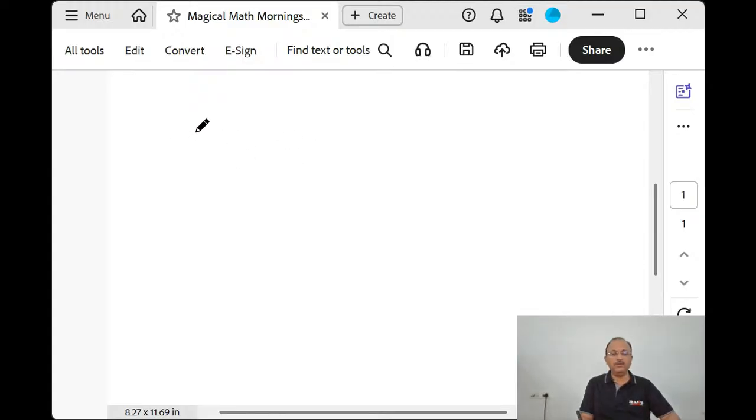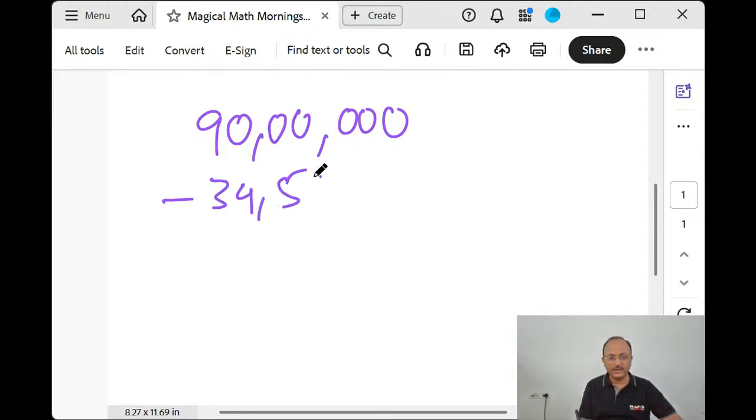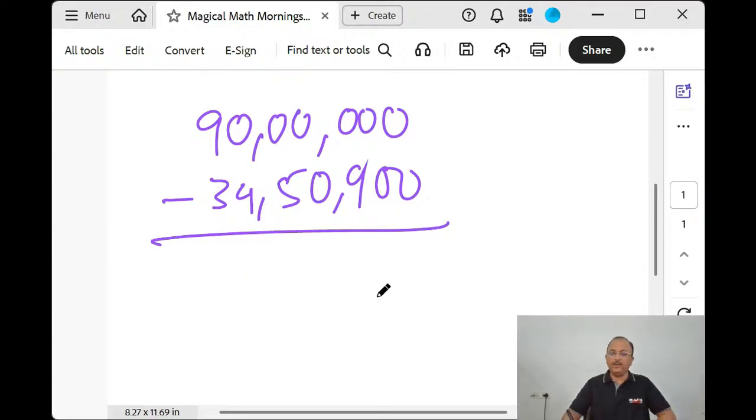Suppose we have 40. We'll take little bigger number. Suppose we have 90. No, it's okay. Some small mistake, it can happen while typing, but let's take this. Okay, 90 lakh minus 34 lakh 50,900. Will you try this? 90 lakh minus 34 lakh 50,900.